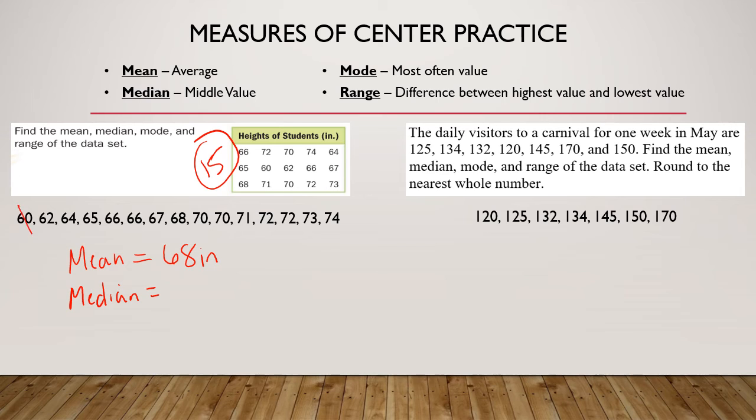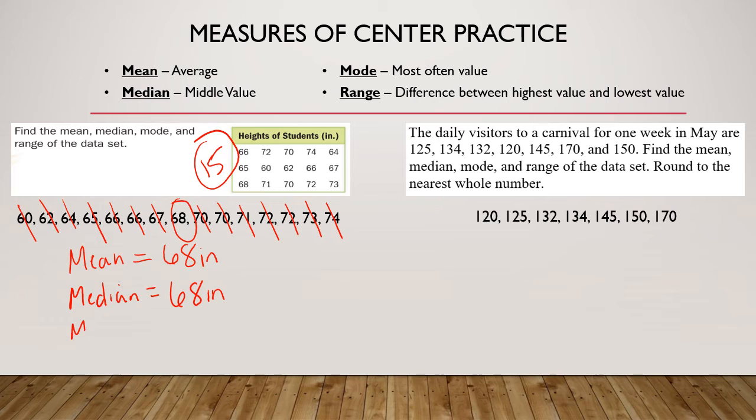So I'm going to cross out 2 on the left, 2 on the right, and I'm just going to continue this until I get to my middle value, which happens to be that 68. Okay, so median is 68 inches.